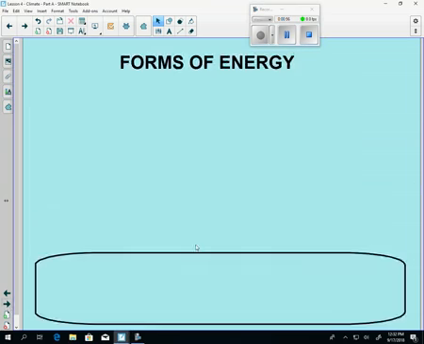Okay, so we looked at all different forms of energy the other day, last week. Anybody off the top of their head can think of one, a form of energy? Water and wind. Any others?